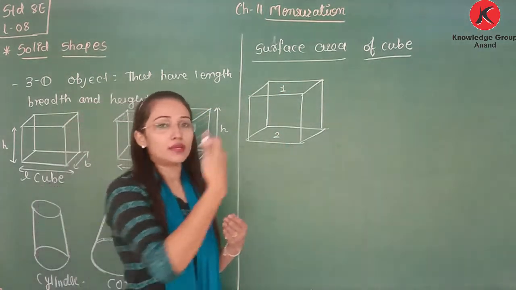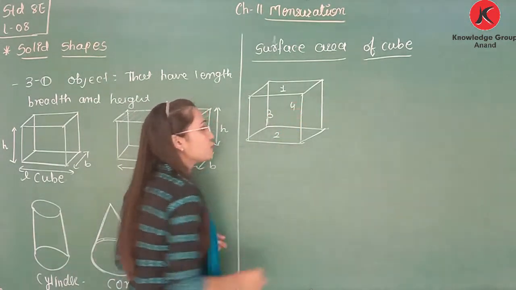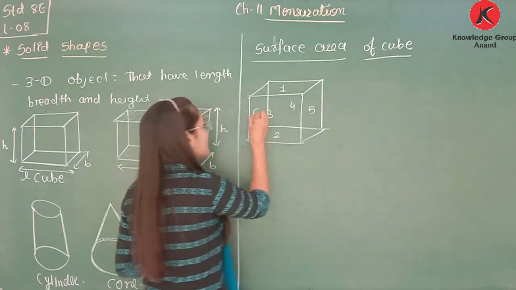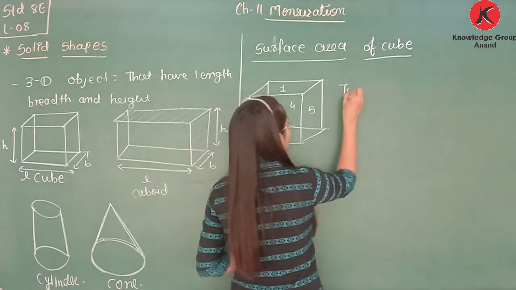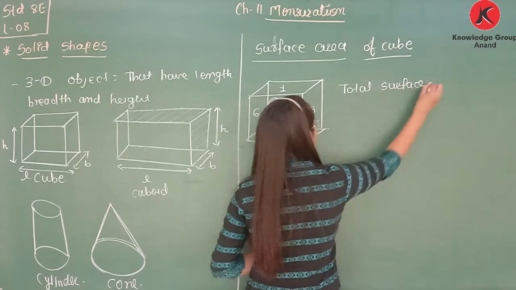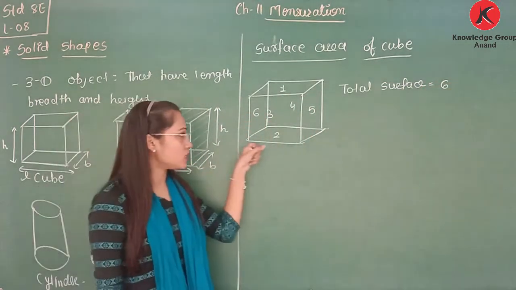Now the front side and back side are also flat surfaces. So let's consider this as 3 and back as 4. The side faces, left and right, are 5 and 6. So the total number of surfaces is 6. Now we need to find the area of each surface.